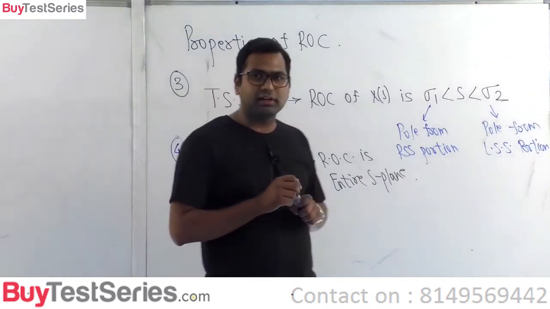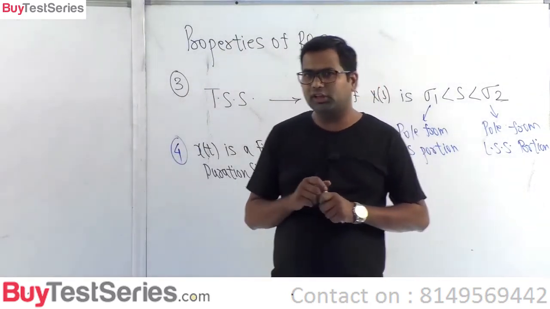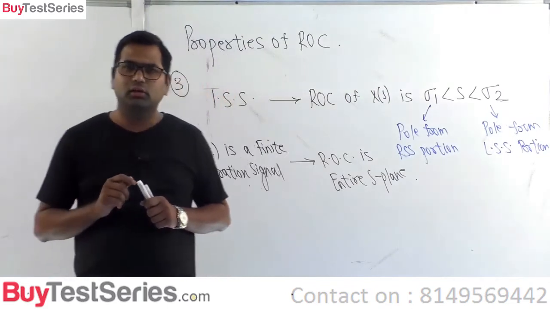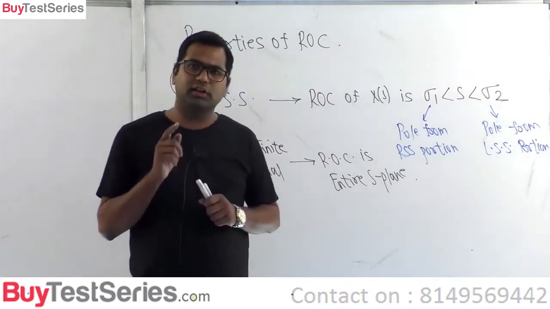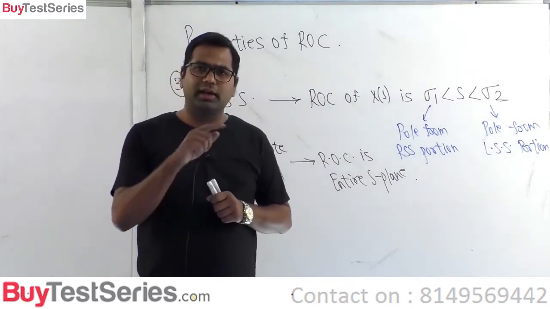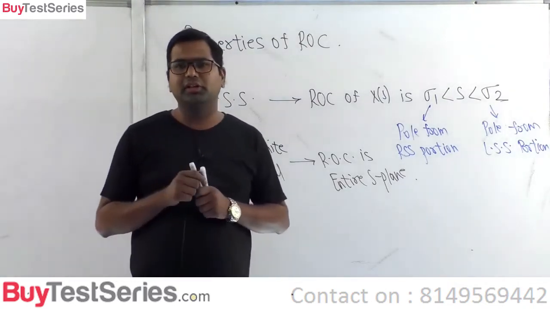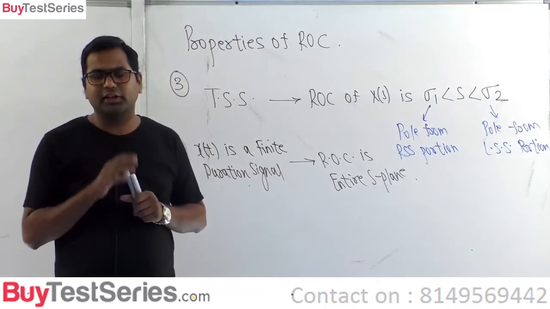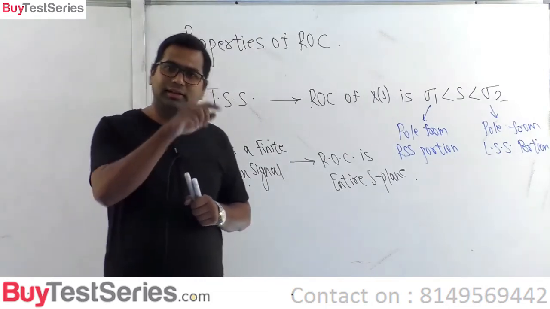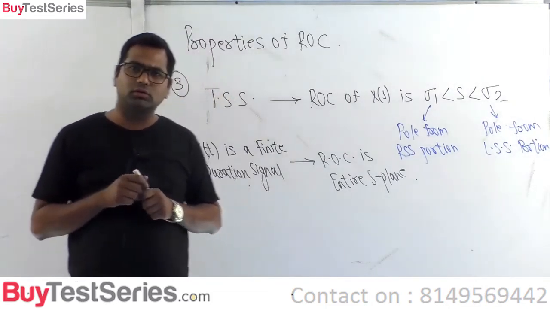Therefore, I would summarize the four properties of ROC. The first property says if the signal is right-sided, ROC has to be s greater than the maximum value of pole. The second property states that if the signal is left-sided, ROC has to be s less than the minimum value of pole.